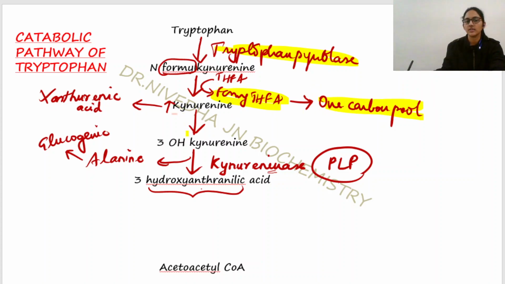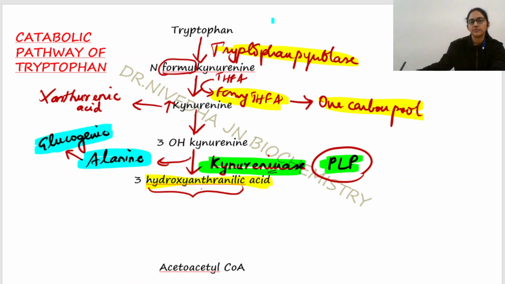Kynurenine forms 3-hydroxykynurenine, which forms hydroxyanthranilic acid, an important initiator of niacin synthesis. This is done by the enzyme kynureninase, which is pyridoxal phosphate dependent. During this reaction again alanine is released, and because of this tryptophan becomes glucogenic.